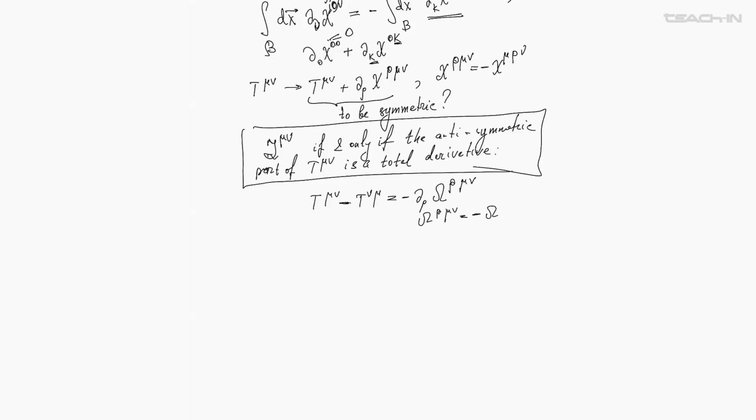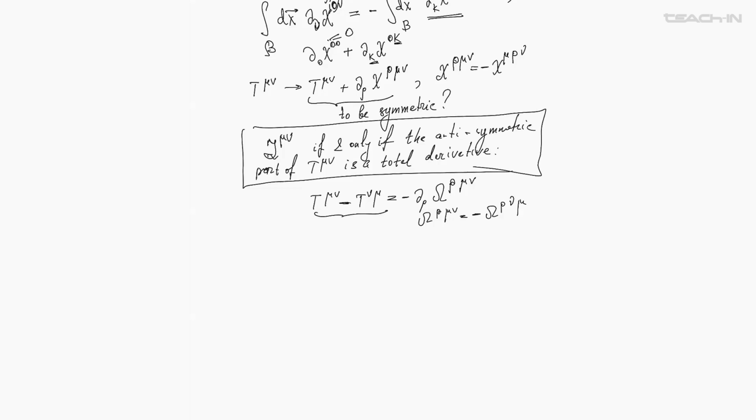First, let's assume that indeed we have a canonical tensor whose antisymmetric part is a total derivative. Then let's prove that we can always improve such a tensor by adding to it the proper improvement term. To construct this improvement term, we do the following.